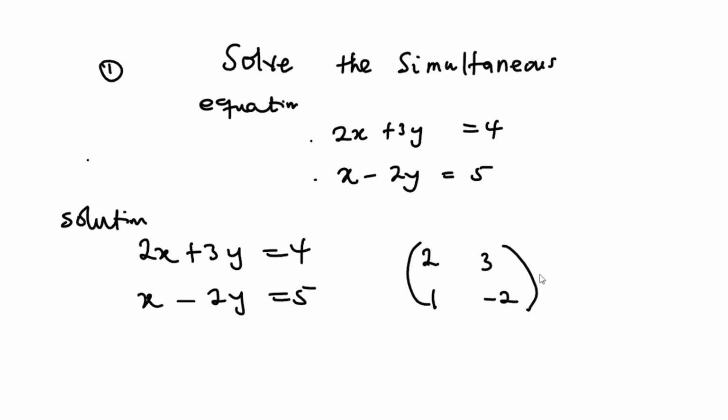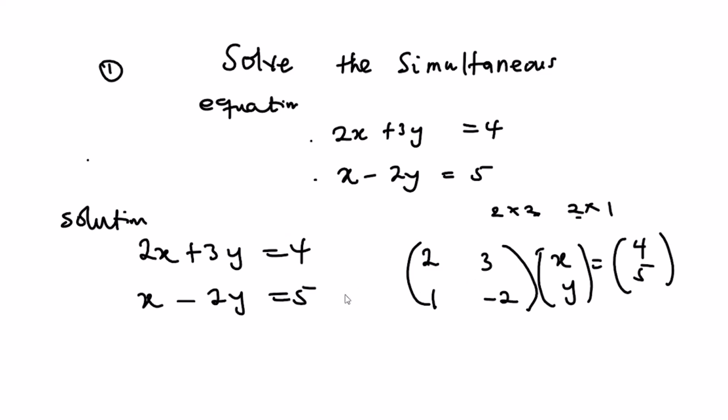Now, these ones are multiplying x and y, such that you see this is a 2 by 2 matrix, and this is 2 by 1. Meaning you can multiply them. If you multiply this, you should get the other side back.